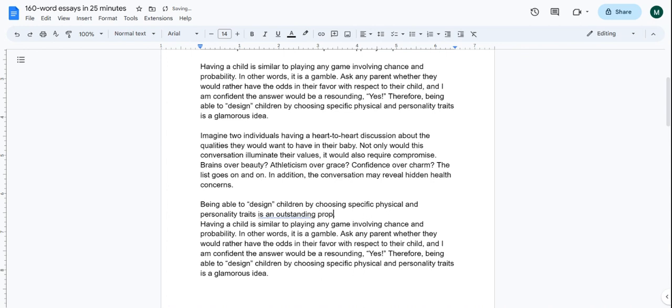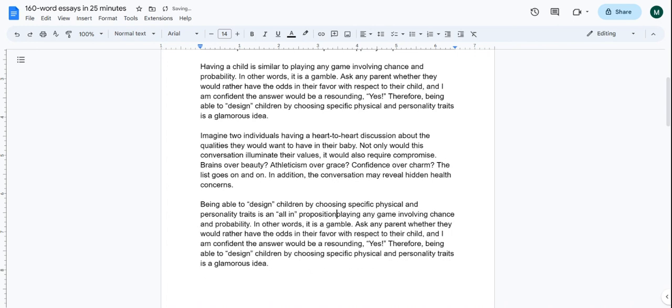Standing proposition is an all in proposition. Why play the game of chance?